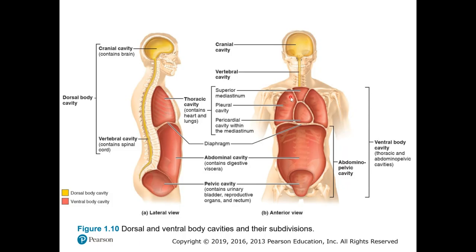We have on either side of the heart, or should I say lateral to the heart, we have the pleural cavities in which we find the lungs. And then we get the pericardial cavity. Peri, around, cardia, the heart. Then we have the abdominal, or sometimes, as written over here, abdominal pelvic cavity.